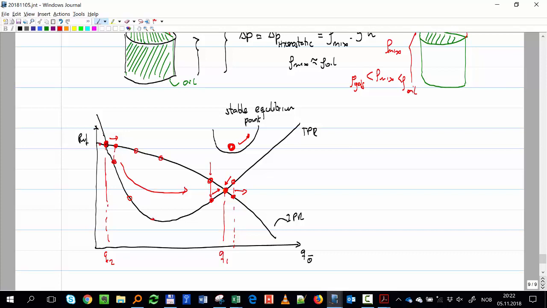Now, what happens in this case if I'm to the left? I have less money, the available is less than the required. That means I have to start cutting my expenses, right? But that means at the end it's going to stop producing. So if I'm at this point, it will go to the left, and eventually go to rate 0.